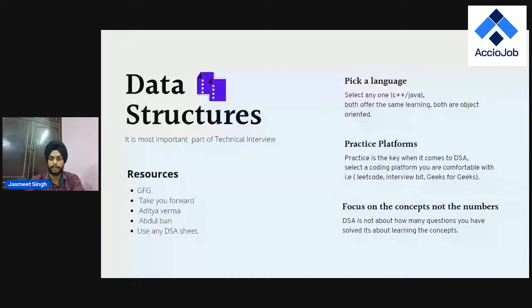Now coming to the intermediate part, we have stacks, queues, hash maps, and heaps. Once we are done with the basic and intermediate ones, we can then move to the hard part, that is tree concepts such as binary trees, AVL trees, and n-ary trees, and graphs. Right? This is how the data structures are divided by difficulty level.